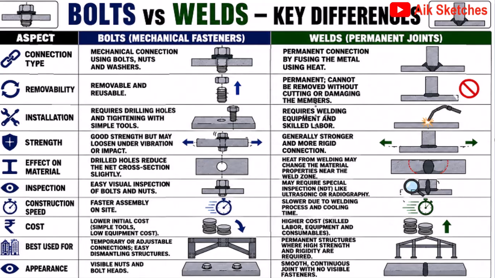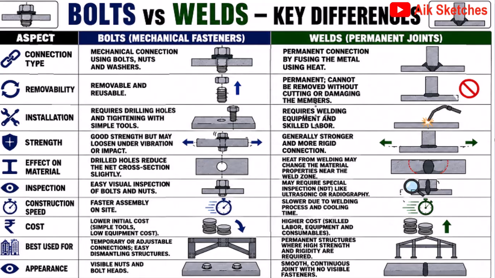While for welded joints, it is slower due to the welding process and cooling time. After welding, it's mandatory to allow the welded joints to cool off a bit, and it takes a little bit of time to do that.